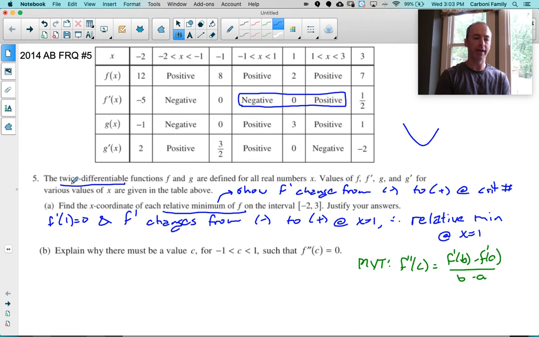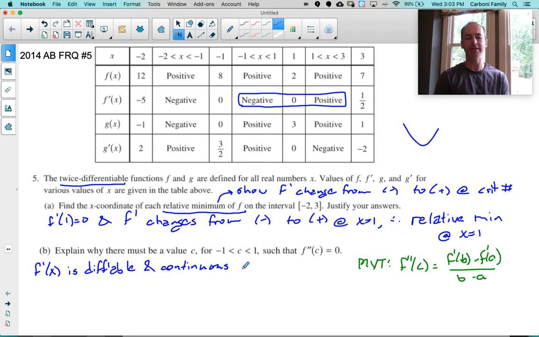Now we do know that f is twice differentiable, and because f is twice differentiable, that means that f prime is differentiable, and anytime you cite a theorem, you absolutely must establish the conditions that allow you to use that theorem. If a function is differentiable, including the derivative, if the derivative is differentiable, therefore it is also continuous, and you absolutely must also write continuous as well as differentiable.